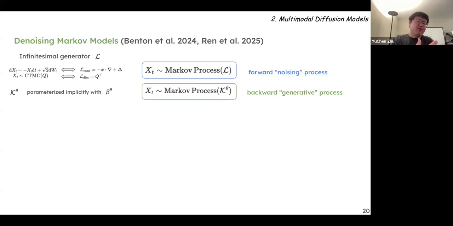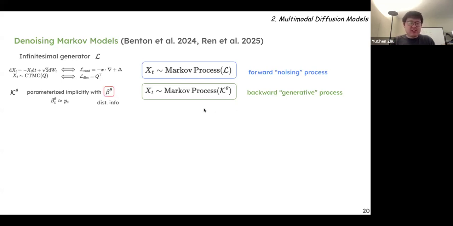similar to all we've seen before, we need to learn some distribution information, right? These things cannot come at no cost. That's why there's a superscript theta, which essentially says that K theta is implicitly parameterized with some distribution beta theta that you want to learn.